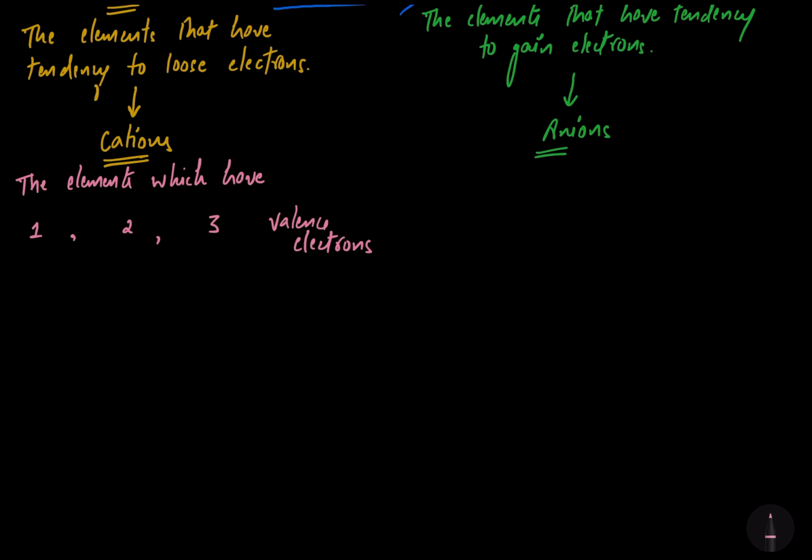The element having one valence electron belongs to group number 1 of the periodic table. The element having two valence electrons belongs to group number 2 of the periodic table, and the element having three valence electrons belongs to group number 13 of the periodic table.